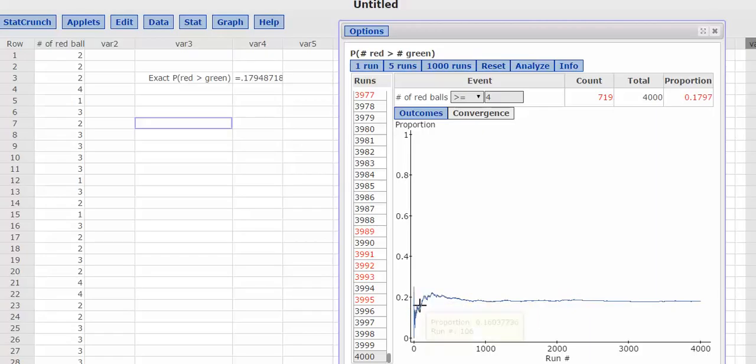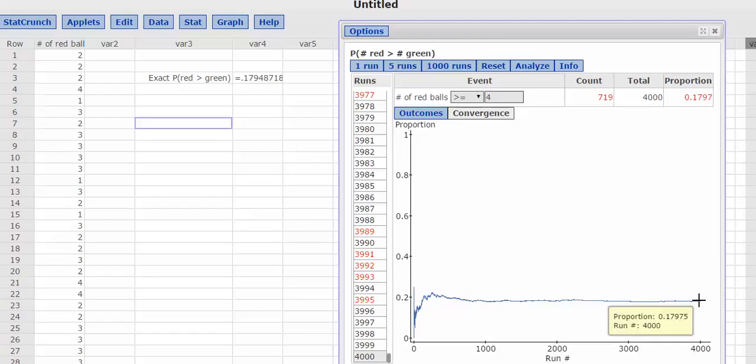In the first 1,000, it kind of jumps, and it's settling down to this number. If you put your cursor over it, it's telling you where it's going, and you can see that it's really settling down to a horizontal line. So you get a feel for when you might have 3 or 4 decimal places.